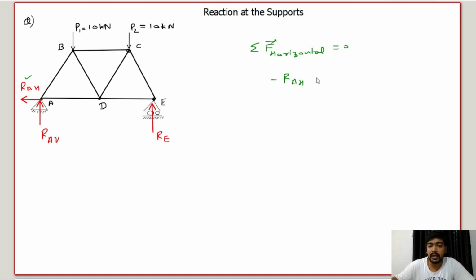So minus RA equals to 0. That means RAH equals to 0. So at this point A, there is no horizontal reaction. यहाँ पे कोई भी horizontal reaction नहीं होगी, right?